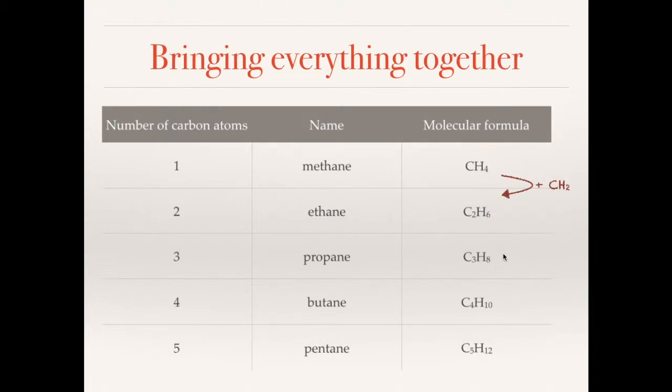If I add CH2 to ethane, I get propane. From propane, if I add CH2, I get butane. And from butane, if I add CH2 again, I get pentane. So down the homologous series, one member differs from the next by just CH2.